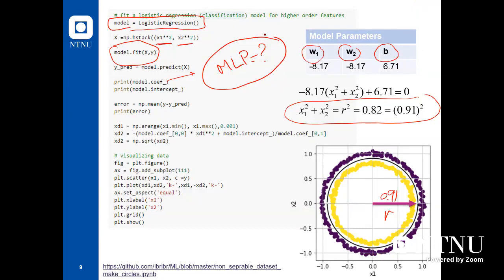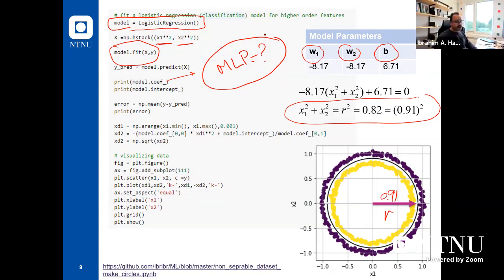I'm just wondering then, what's the point of using MLP when this problem is so easily solved through feature construction? Yes, because some problems, it's easy to just visualize and try to simplify. This problem is easy to visualize. But in real life, you will be working with large data sets, and maybe it's impossible to visualize. So imagine that you are working with a problem for banking, for credit scoring, for example.